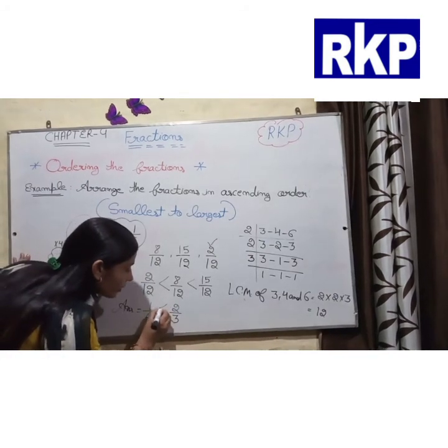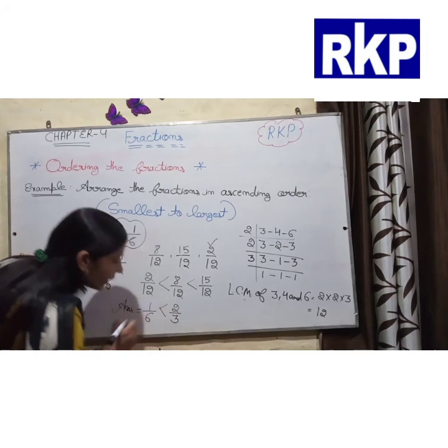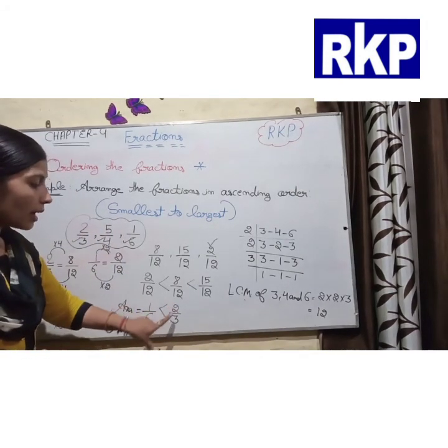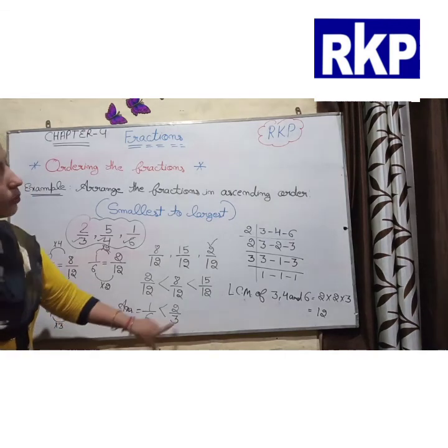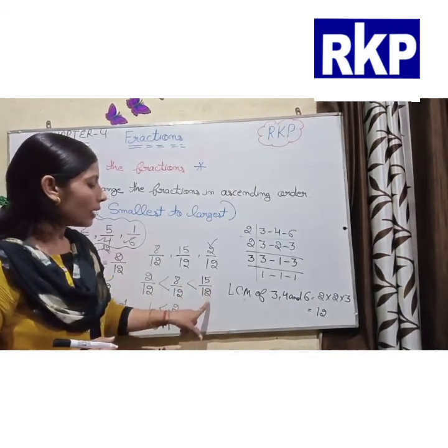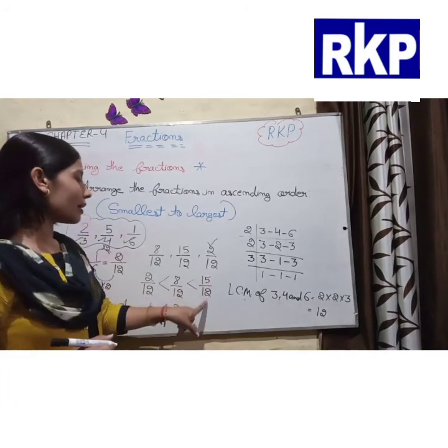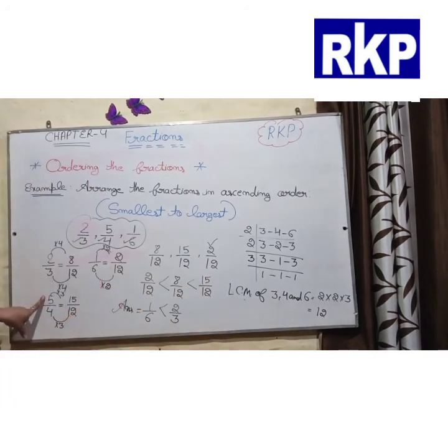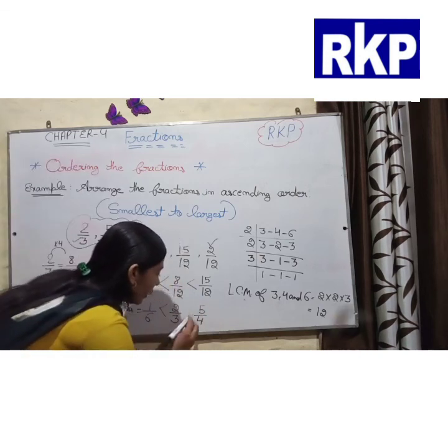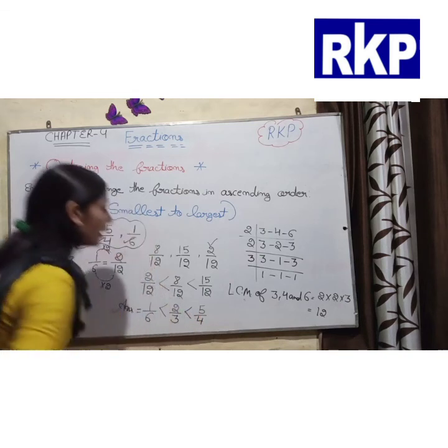And here put this sign. 1 by 6 is less than 2 by 3. Now we have 15 by 12. And we know 15 by 12 is an equivalent fraction of 5 by 4. So here we can write 5 by 4. And here put the sign.